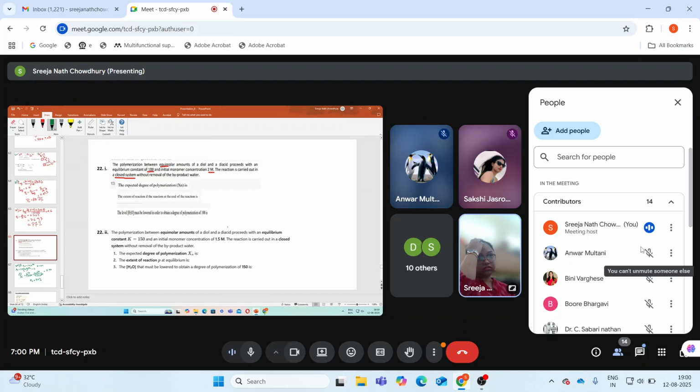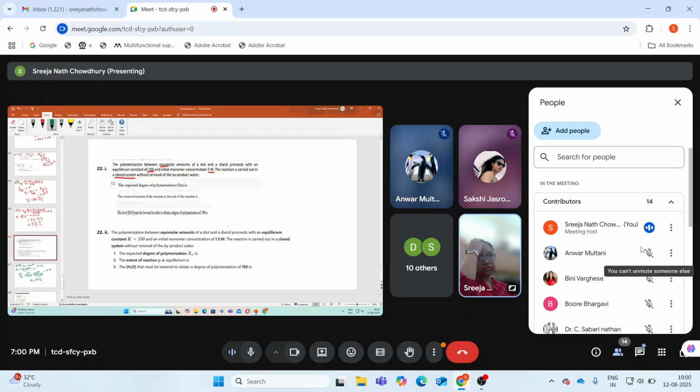So 22.2 is 1.5 molar and it is a closed system.